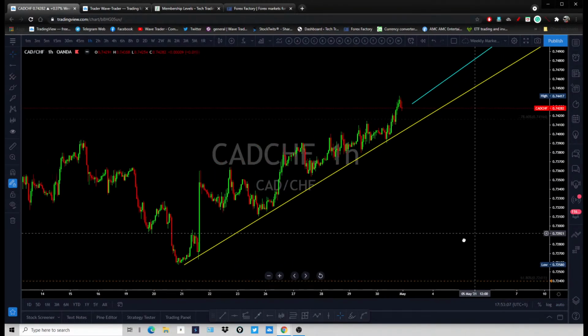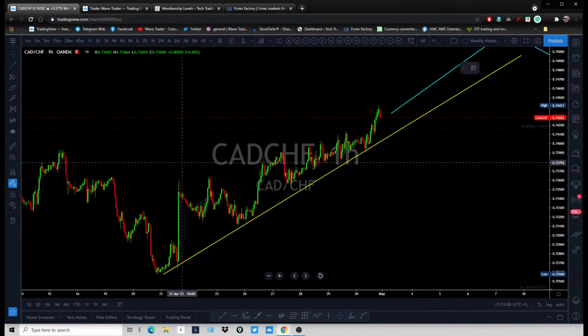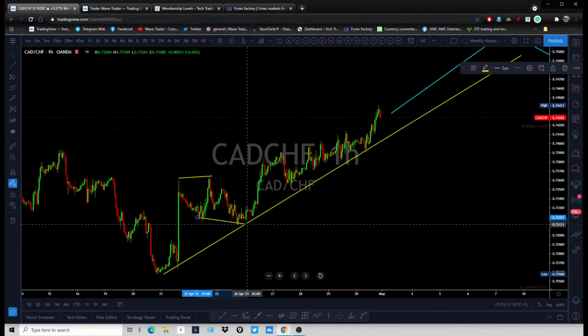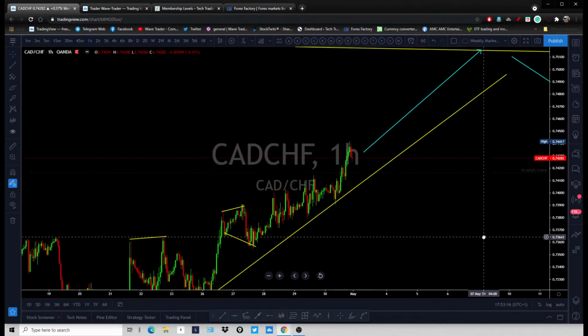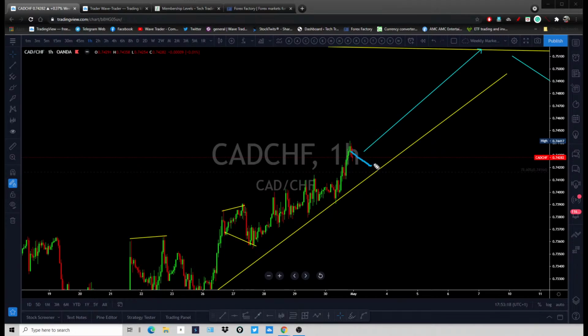Short-term it still stays trending on your 15-minute to 30-minute time frame. All these corrections stay trending back to that top. These short-term buy opportunities are still there.